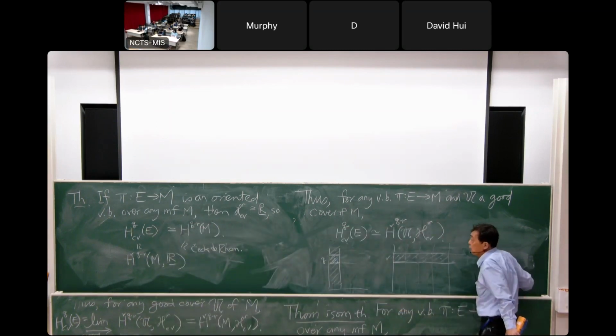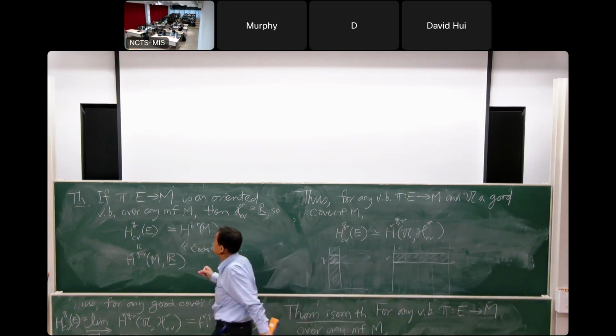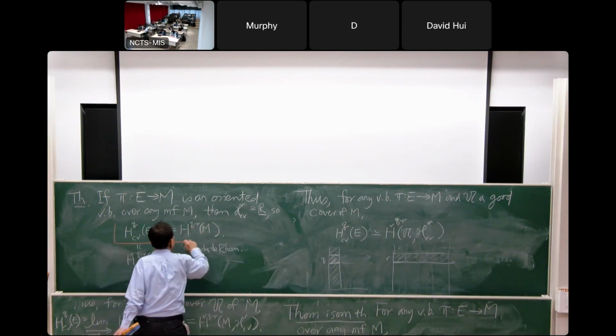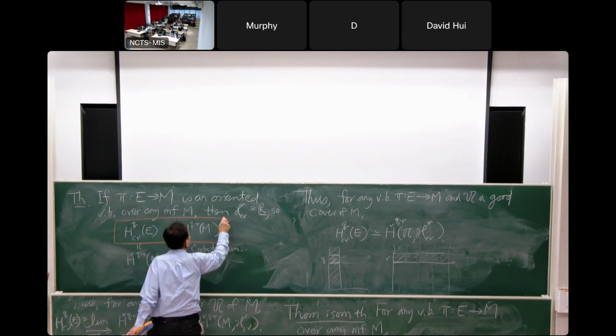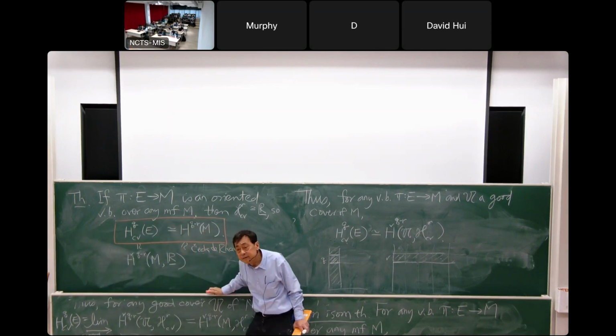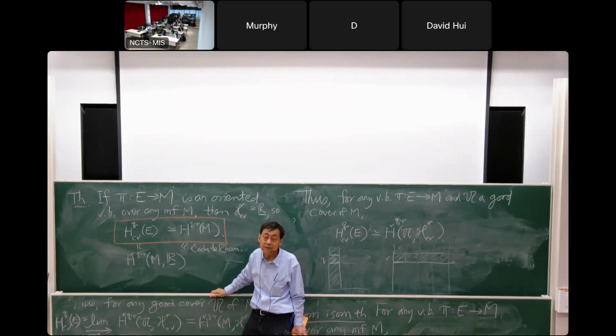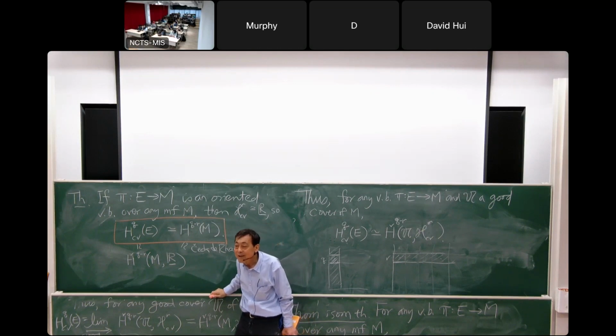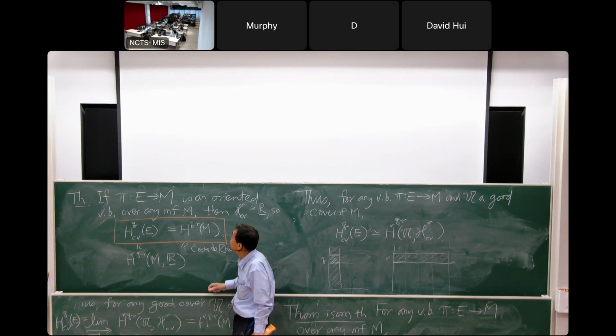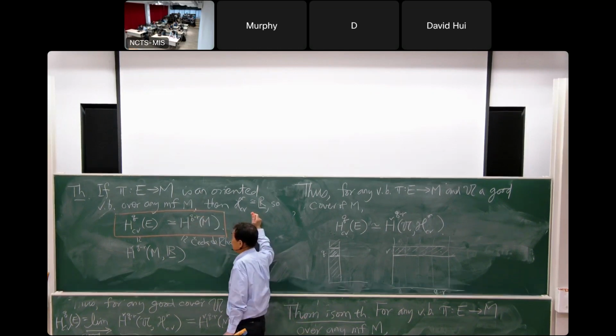So when E is oriented, we end up with this statement. And this is exactly the same statement as the Thom isomorphism that we proved earlier. Exactly the same statement, except what is different here? Except M is not assumed to be of finite type, okay?